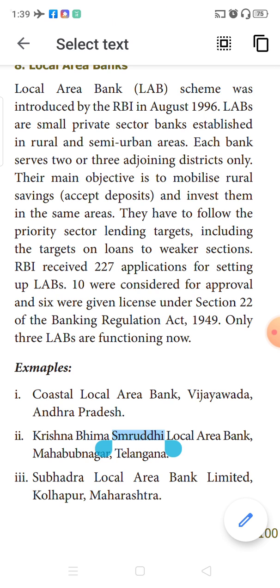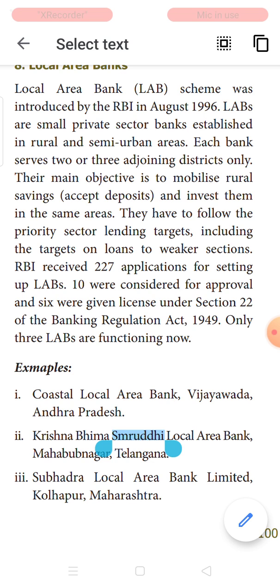The Local Area Banks are small private sector banks, established in semi-urban areas and rural areas. Suppose, for example, in a particular village the population is small, then two to three villages are combined together, and for those 2-3 villages they will have one local area bank.